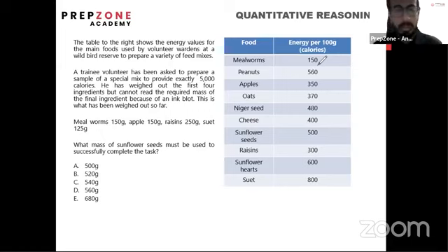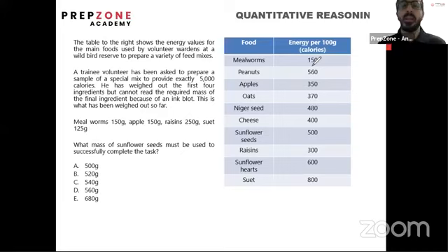Mealworm, 150 grams. Apple, 150 grams. Raisins, 250 grams. Suet, 125 grams. Now the question is, what mass of sunflower seeds must be used to successfully complete the task?